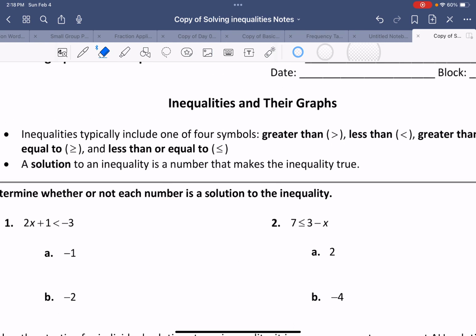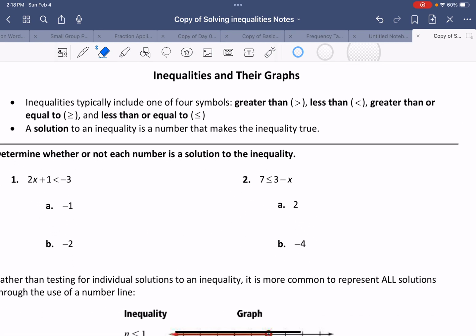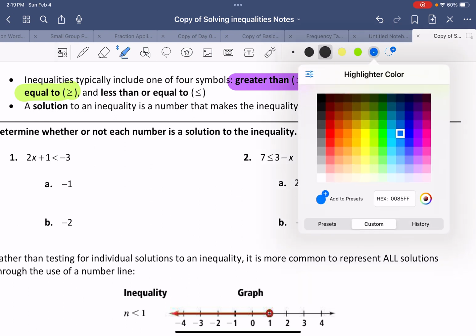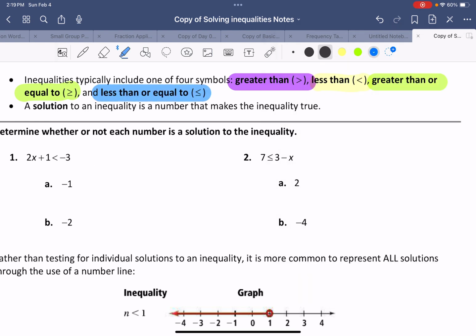Inequalities have four symbols: greater than, less than, greater than or equal to, and, in another color, a nice pretty blue, less than or equal to.